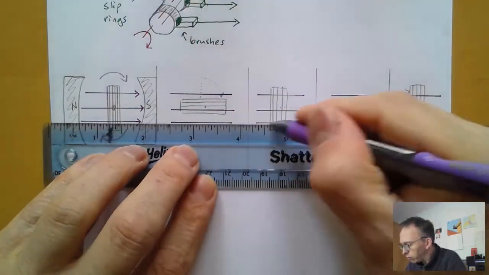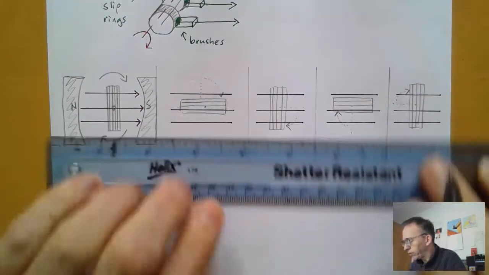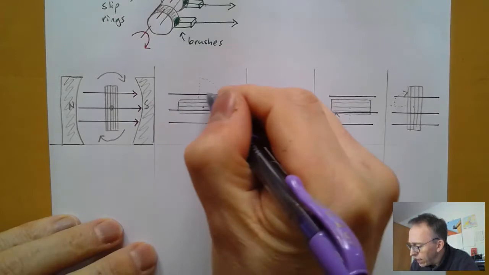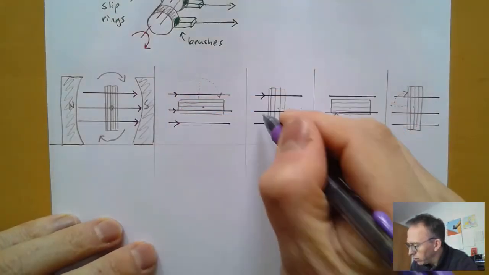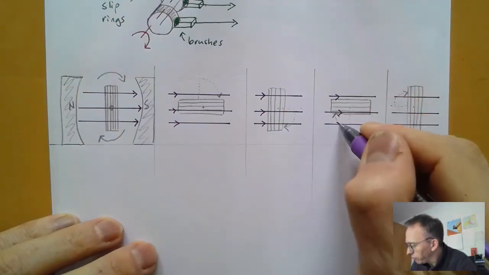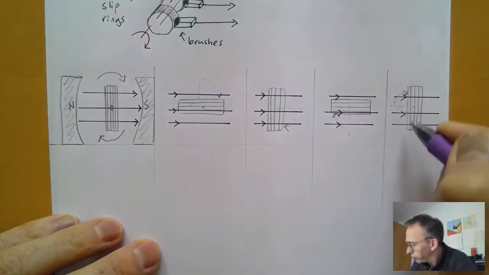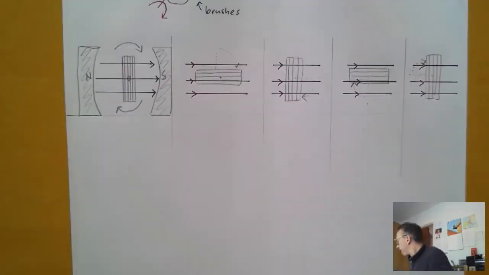Here, here, here, and here. Now the field, of course, doesn't change. It's constant in magnitude and in direction.